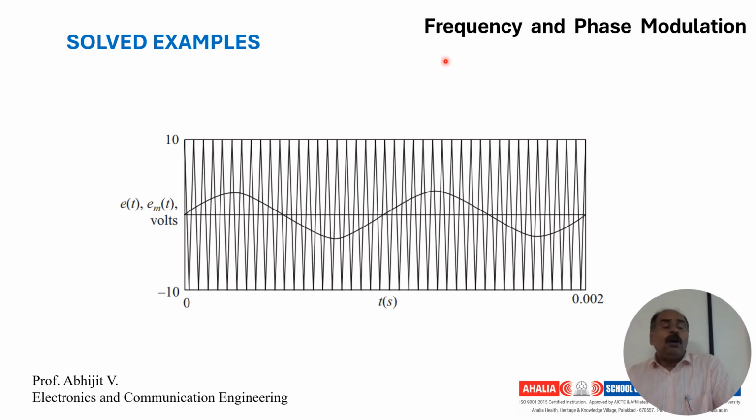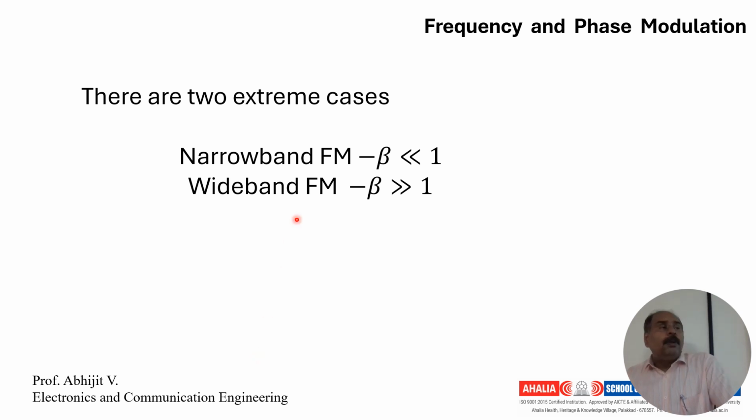There are two types of frequency modulated signals. We'll divide frequency modulated signals into two extreme cases. The first one, we'll call narrow band, where the modulation index is very small, less than 1, and wide band, where the modulation index is much greater than 1.